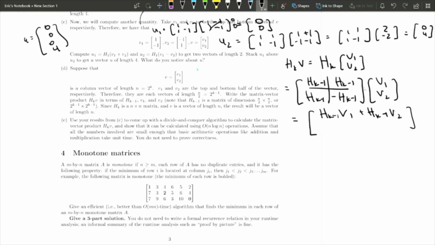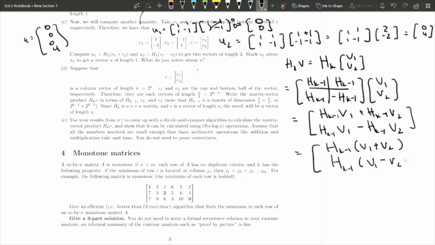And then let's take a look at the bottom row: Hk minus 1 v1 minus Hk minus 1 v2. Awesome. Finally, this is Hk minus 1 of v1 plus v2 over Hk minus 1 of v1 minus v2. So we arrived at exactly what we had here. Awesome. So that's our expression in terms of these terms.